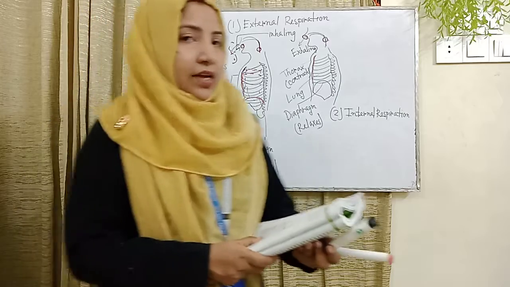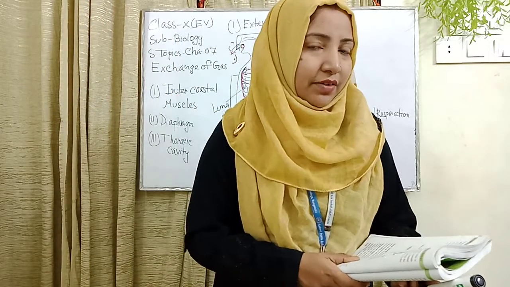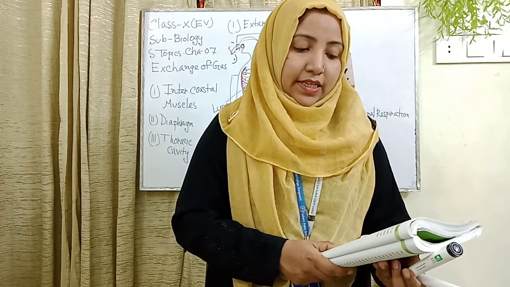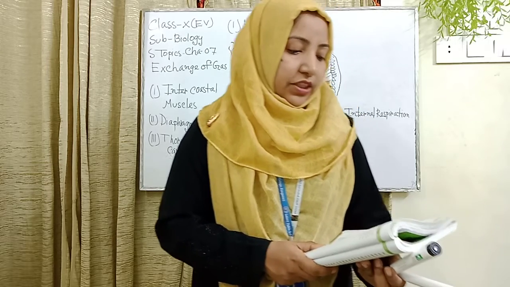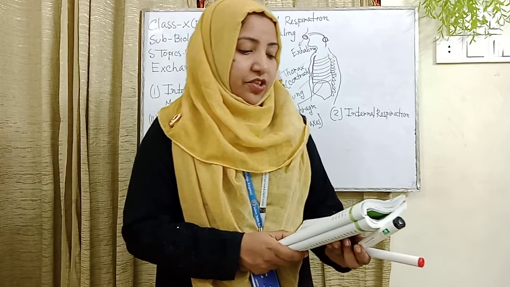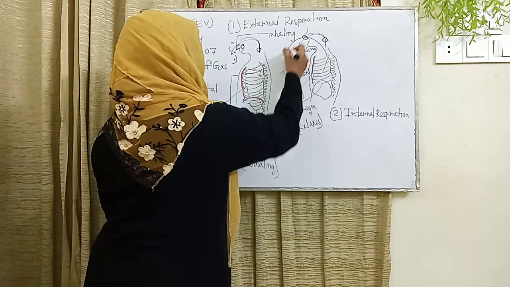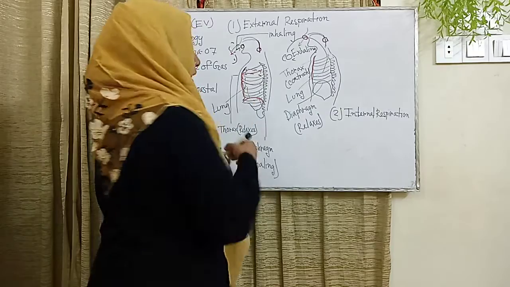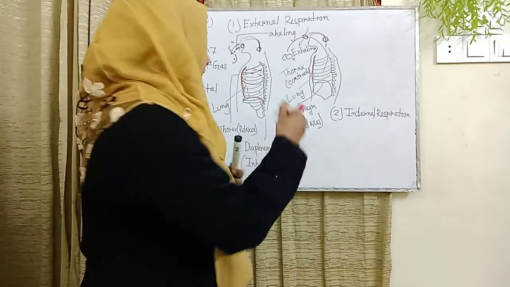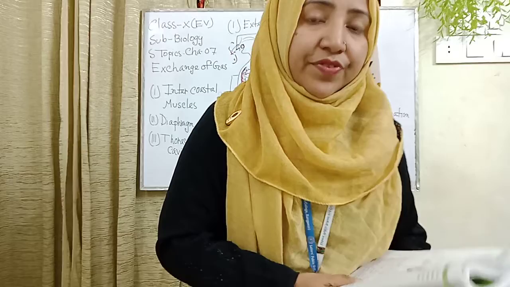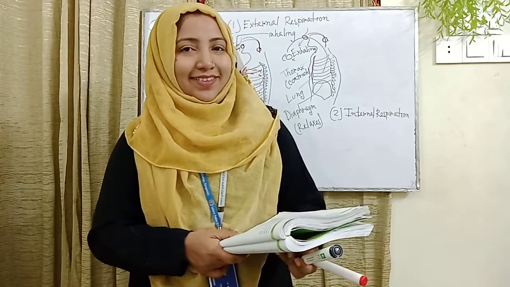Earlier I explained the air pressure decreases. Now the air pressure increases, the lungs shrink back, forcing the moistened, carbon dioxide enriched air out again. Here oxygen goes to the inner side and carbon dioxide to the outer side. This is external respiration.